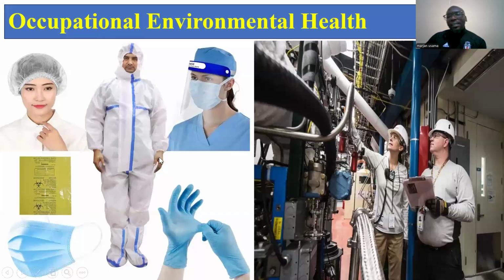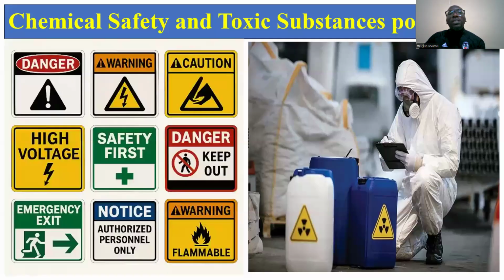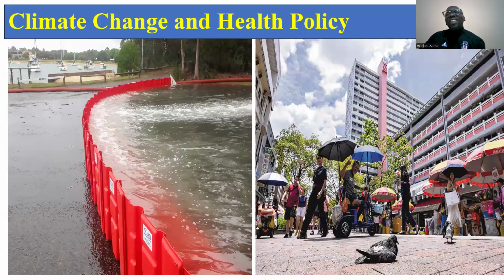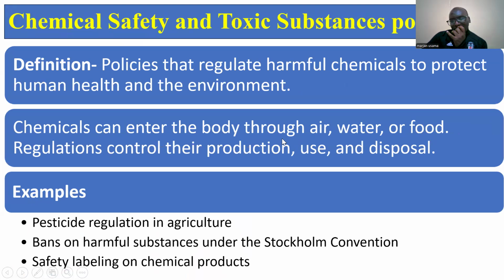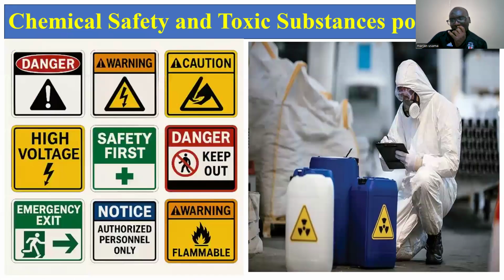So occupational environmental health is somehow related to what we were talking about, chemical safety. When you're talking about occupational environmental health, we are basically talking about something closely related to chemical safety and toxic substances.